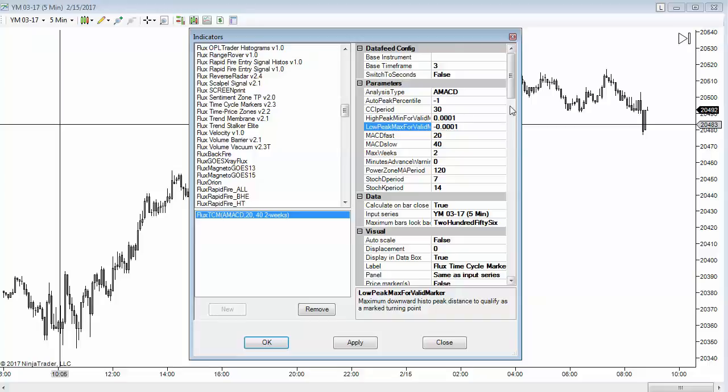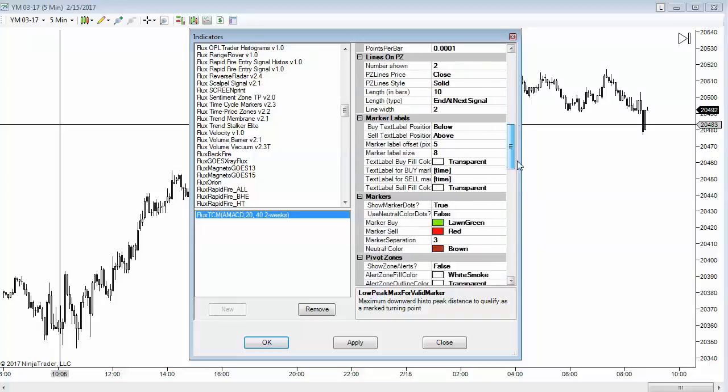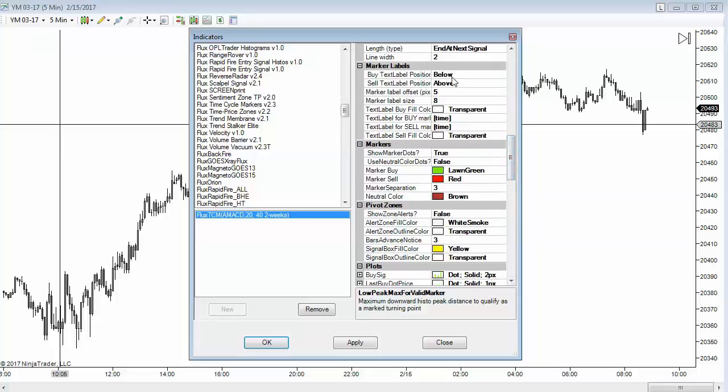Okay, so I have that. And then down here, I have my marker labels turned on. The buy text position is set to below. The sell text position label is set to above. The label offset is 5. The marker label size is 8.